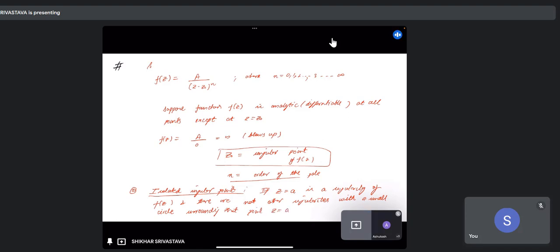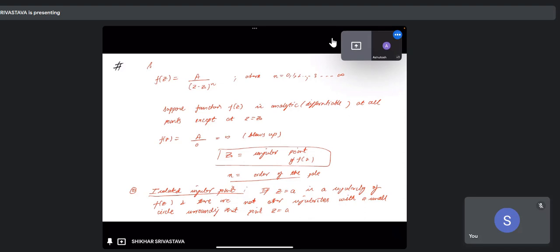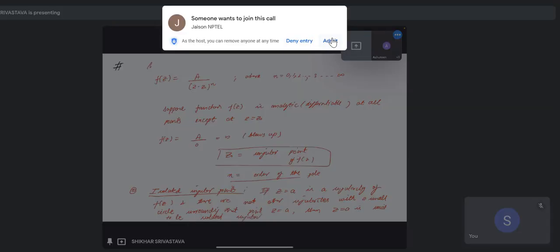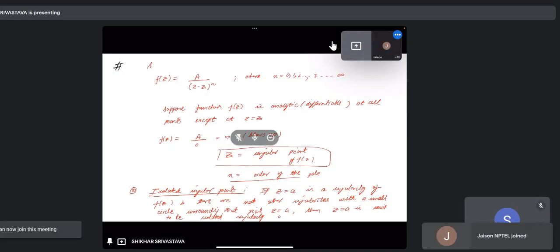These are just definitions, so it's not very important, but for the sake of continuity: if a singular point exists at z equal to a, and no other singularities exist within a small circle surrounding that point, then that singularity is said to be an isolated singularity of the function f of z.